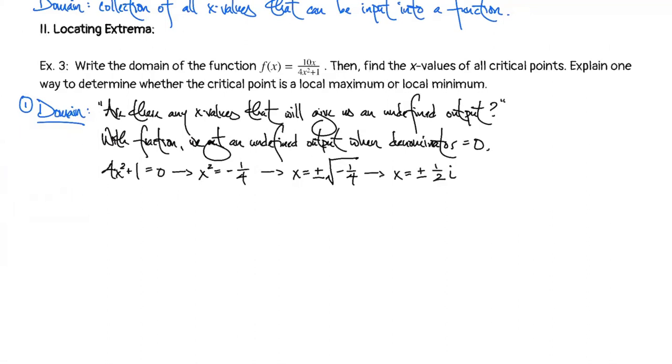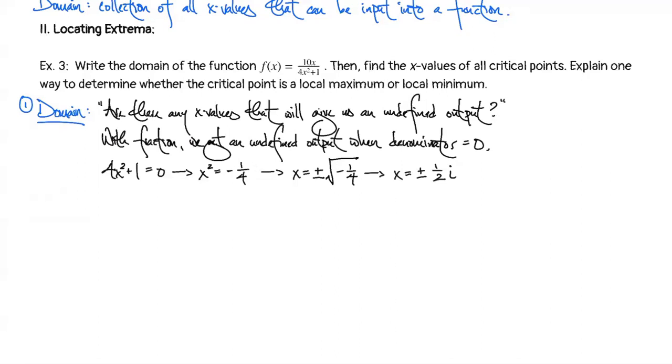Now, if that is the only thing to consider, and we don't even see it on a real graph, are there any x values that will give us an undefined output?